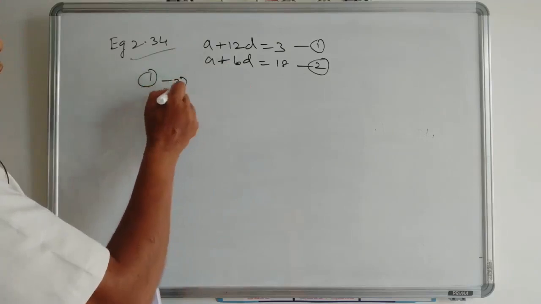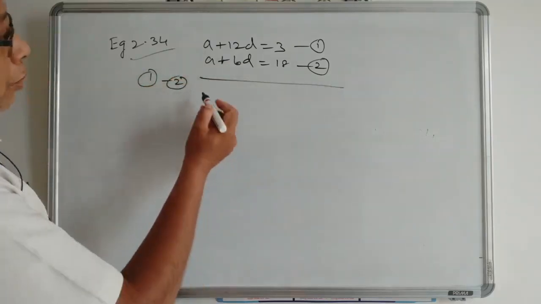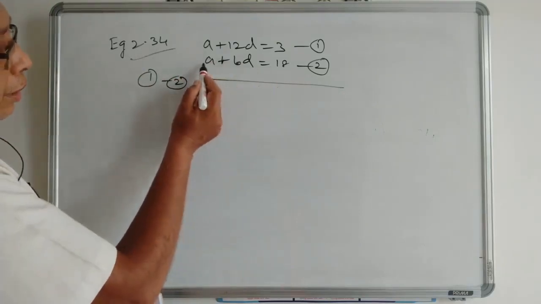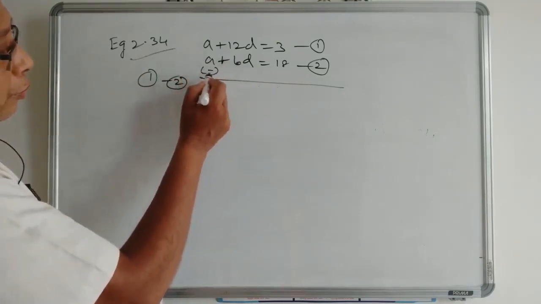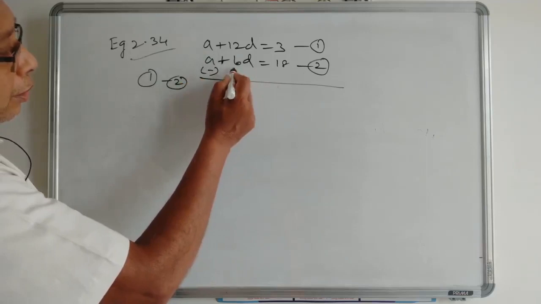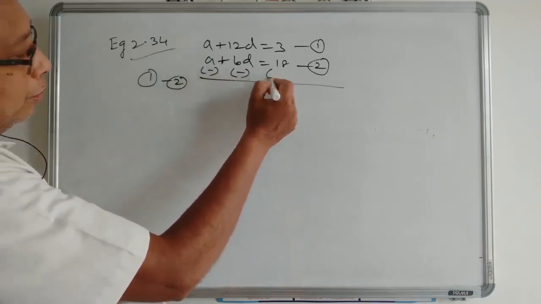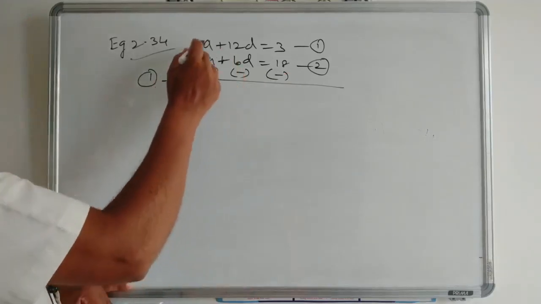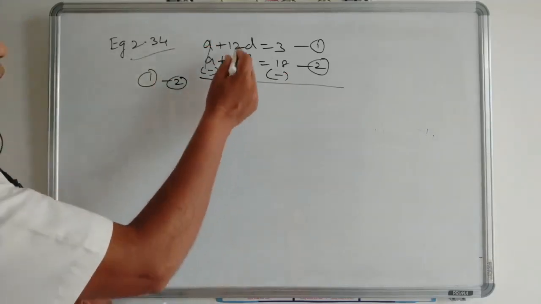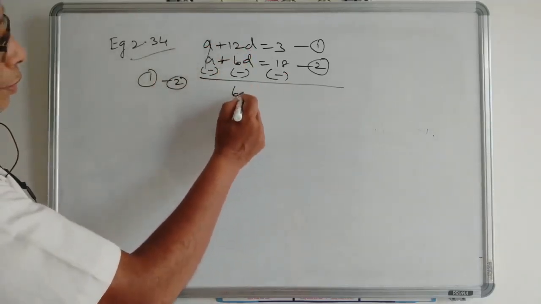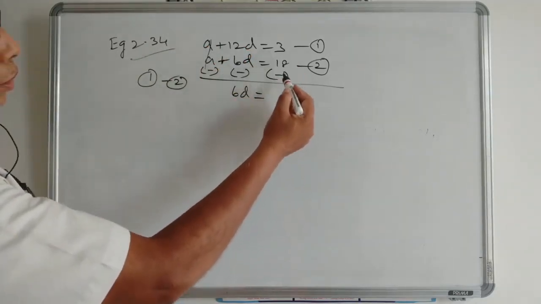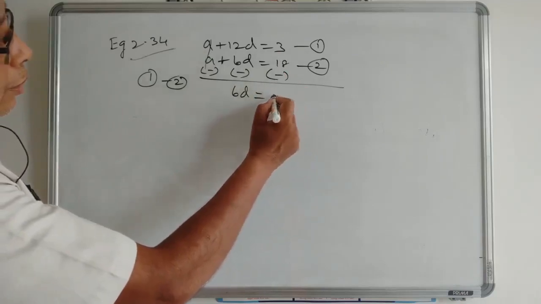The first equation minus the second equation. Therefore we change the sign of the second equation. The plus signs are changed to minus. a sign is plus, change to minus. 6d sign is plus, change to minus. 18 sign is plus, therefore change to minus. a minus a cancels. 12d minus 6d, we get 6d. 3 minus 18, we get minus 15.